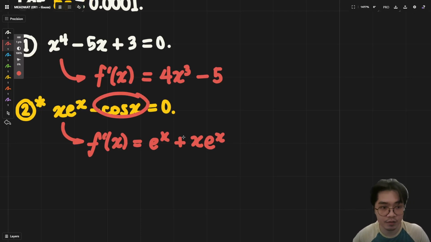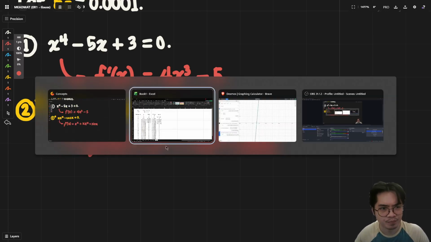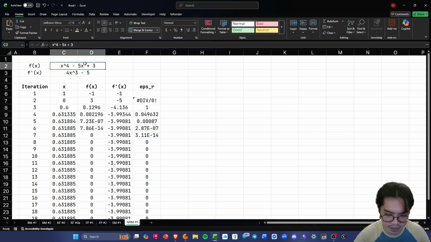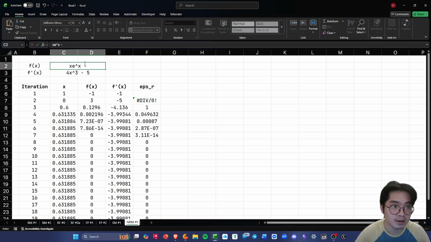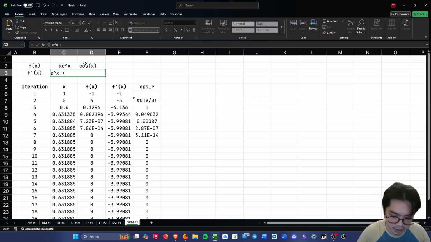And the derivative of negative cosine is positive sine. So there you go, very easy. We can get to our answer immediately. Our original is x e raised to x minus cosine x, and the derivative is going to be e raised to x plus x e raised to x plus sine of x.